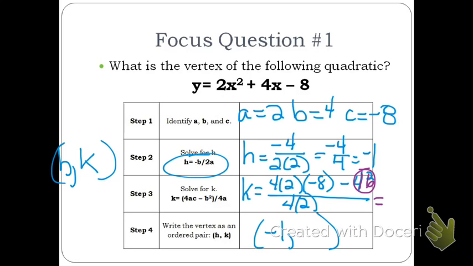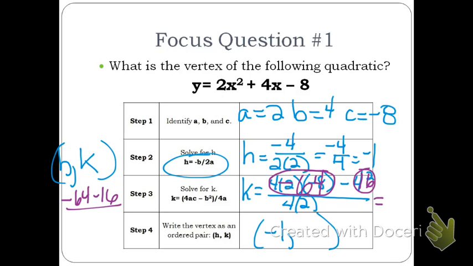Then you need to do any multiplication or division as you read it from left to right, so we'll need to do this multiplication right here. 4 times 2 is 8. 8 times negative 8 is equal to negative 64. If you can't see that clearly, I'll write it over here up to the side. Negative 64 minus 16 is what we have on our numerator.